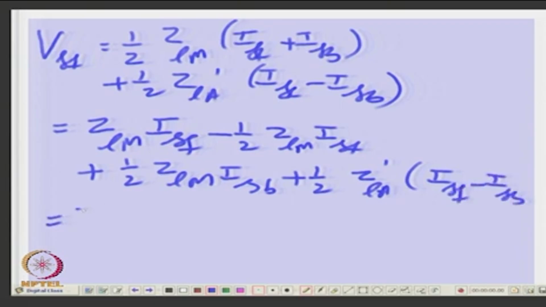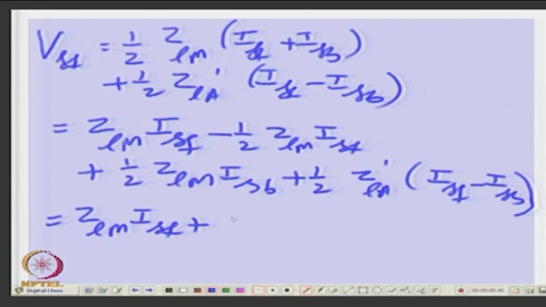So, I am writing it as Z_lm I_sf plus, we have the (I_sf minus I_sb).